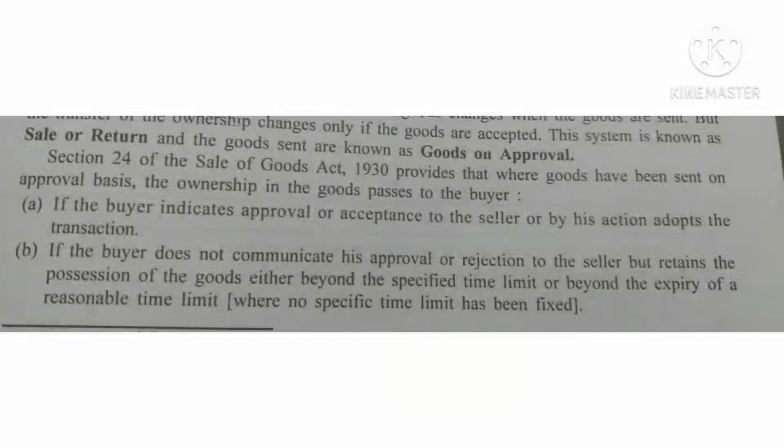If the buyer does not intimate the seller regarding his acceptance or rejection of the goods within the specified time mentioned in the invoice, such as 7 days or 10 days, then the seller will consider that the buyer accepts the goods and agrees to purchase the same, and in future he is bound to make payment towards the goods sent to him.